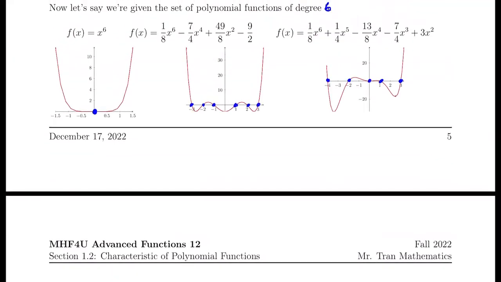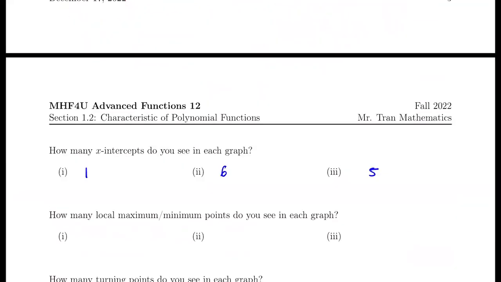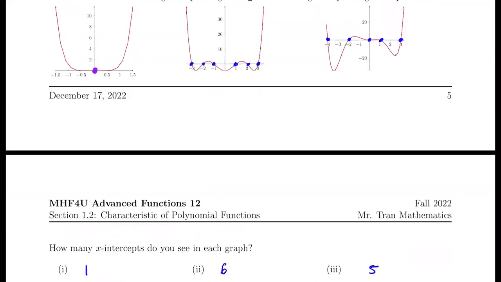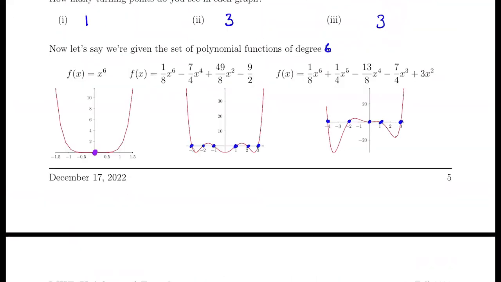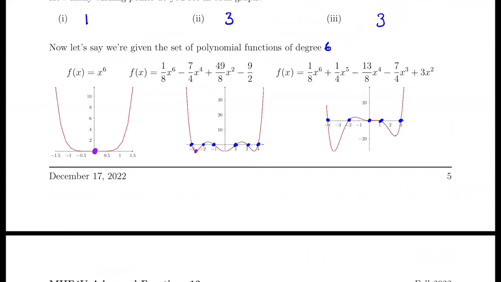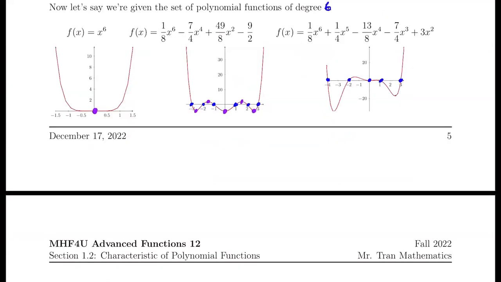So now how many local minimums and maximums do we see here? Well, for the first one, we would see that there's only 1 local minimum. So that's just going to be 1. And then for the second one, we would see that we would have 1, 2, 3, 4, and 5. So there's going to be 5 local minimums and maximums in total.